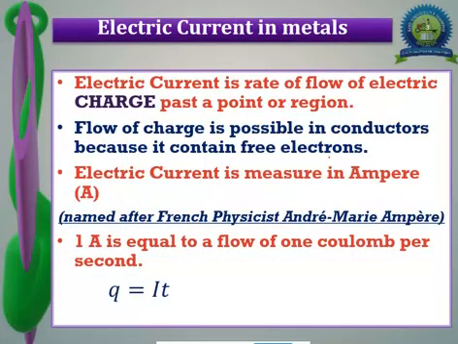Okay, so let's look at electric current in metals. When we talk about metals, what comes to your mind? You talk about conductors, materials that allow the flow of electrons through them, or put the other way, materials that allow electricity to pass through them.